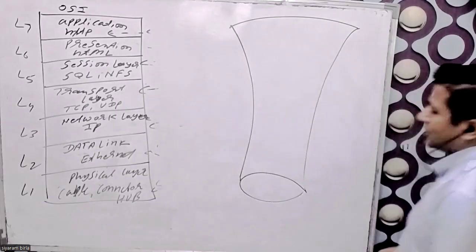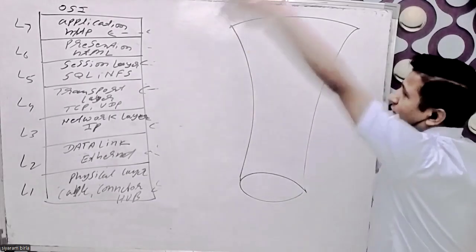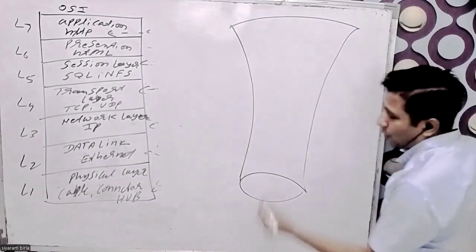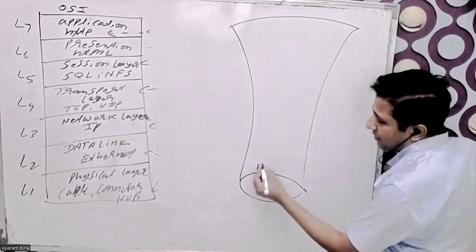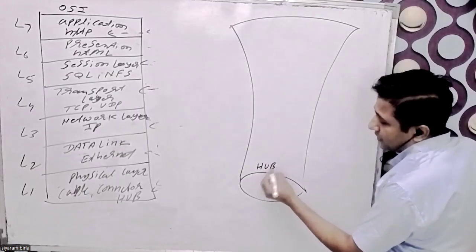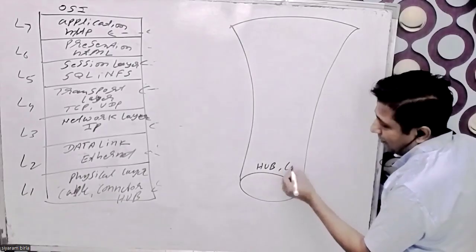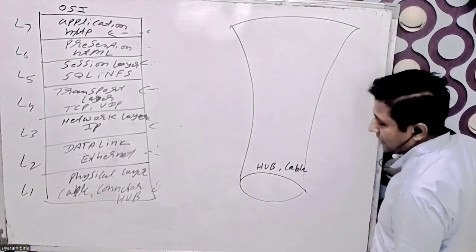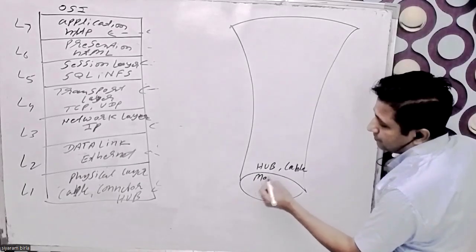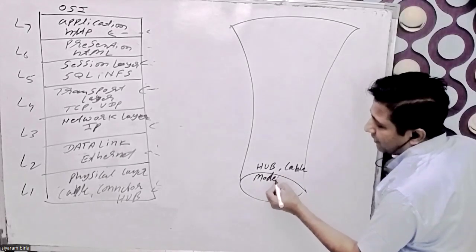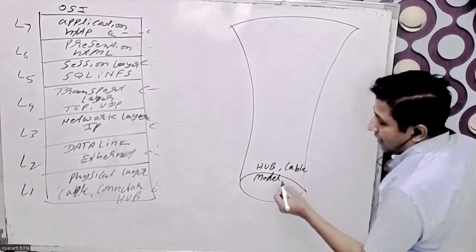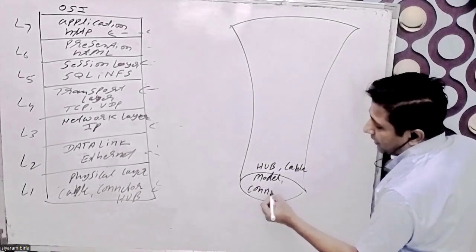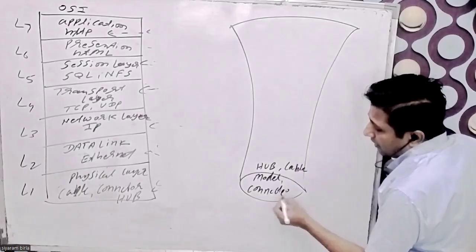So if I pull the OSI model into the bucket, my hub, my cables, my modem, and my connectors do not have any kind of memory.